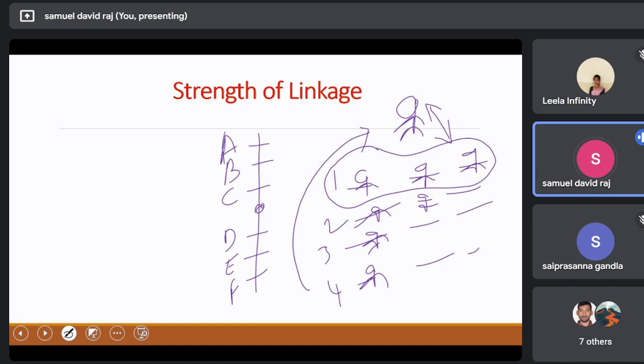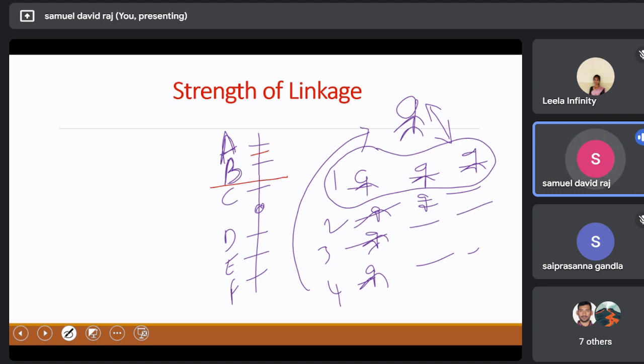So here, capital A and capital B are very close to each other because they're side by side. That means when crossing over takes place, it cannot cut between two adjacent genes, because for them to get separated, the breakage should occur somewhere far from the telomere.